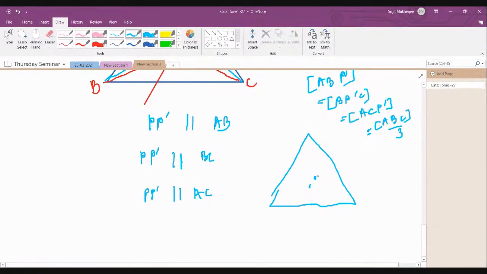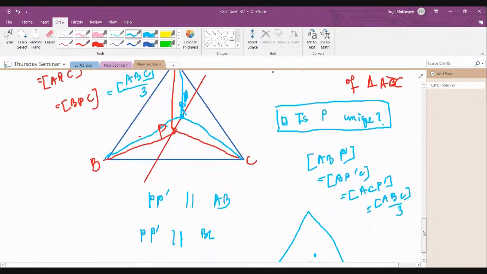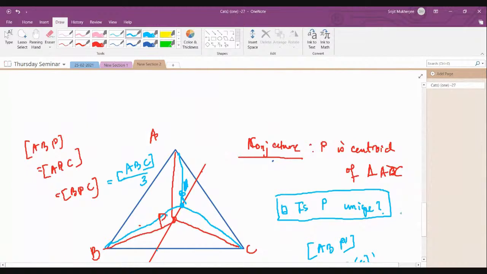Now, can it ever happen? Tell me. It can never happen, because if P dash is parallel to AB, it must be cutting B and C. So it can never be parallel to BC, right? So it can never happen.